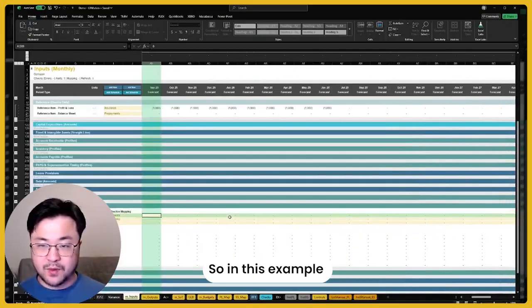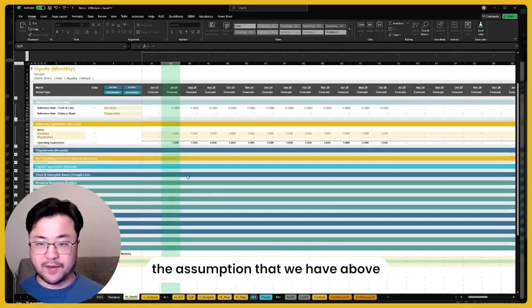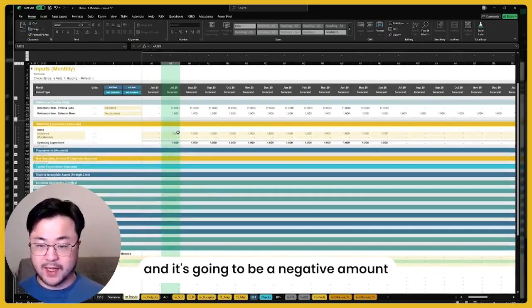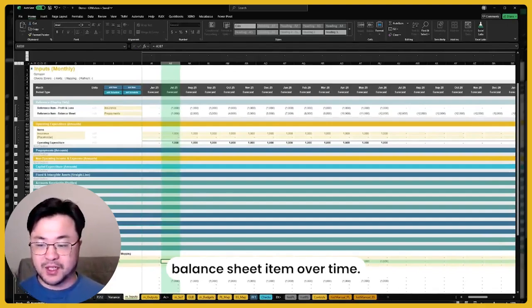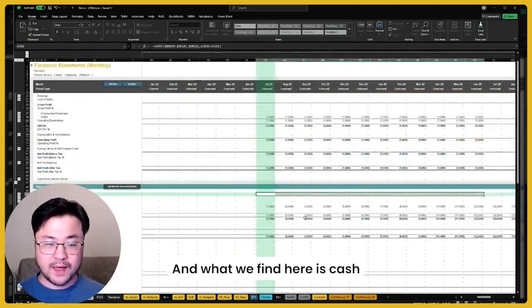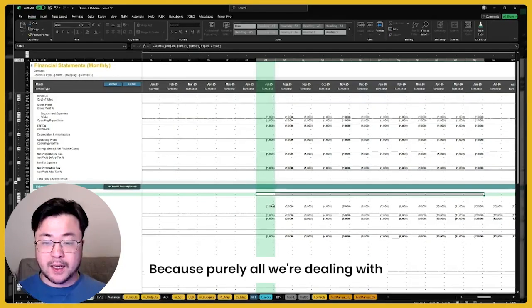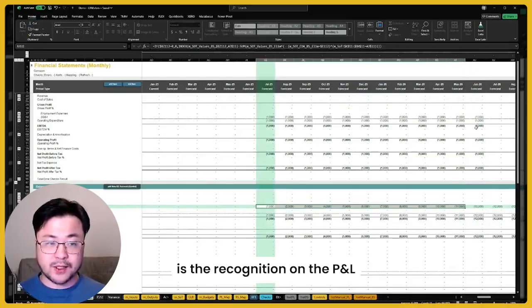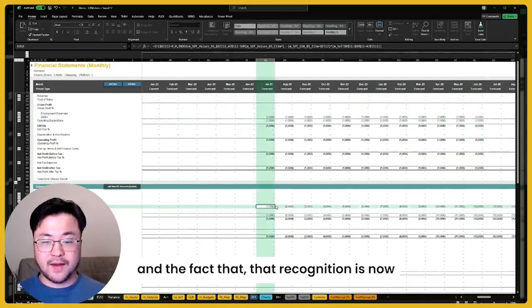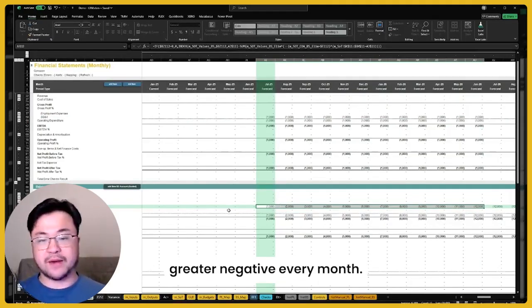In this example, we do a recognition to balance off the assumption above, and it's going to be a negative amount to reflect a reduction in the balance sheet item over time. What we find here is cash movements go to zero, because all we're dealing with is the recognition on the P&L and the fact that it's being used up, hence greater negative every month.